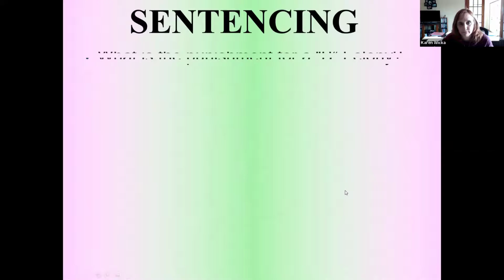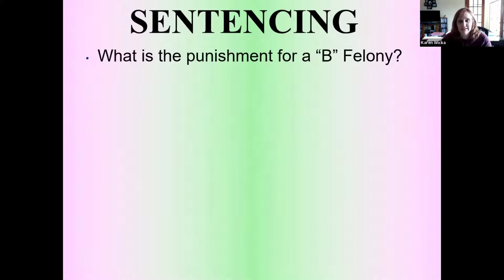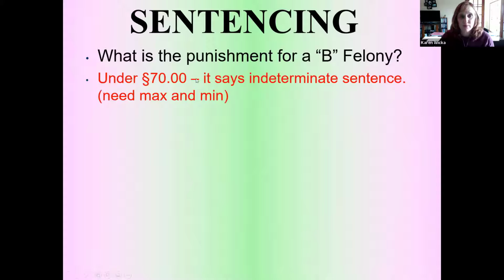Okay. So first you find the class. So we find that it's a B felony. That's our class. Okay. So then we're going to flip to section 70.00. When you look at 70.00, it tells you in the first part that it's an indeterminate sentence. So that tells you in your mind, okay, this is an indeterminate sentence. You're going to need a range.